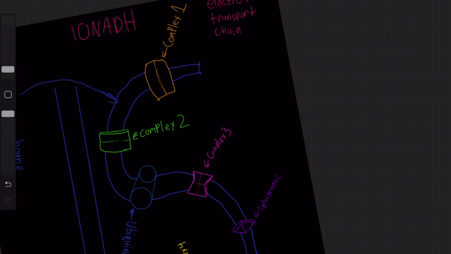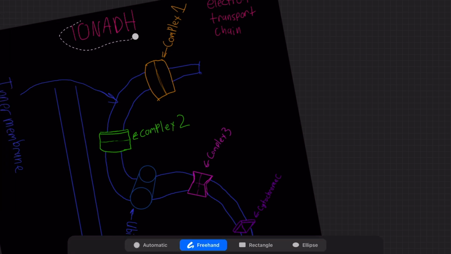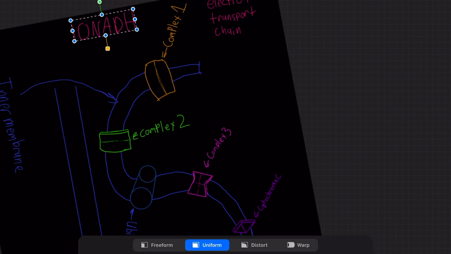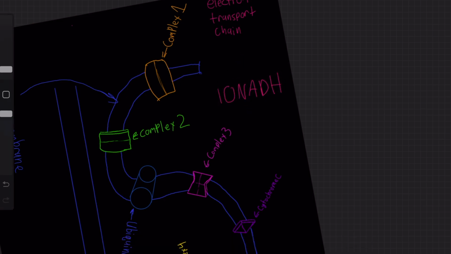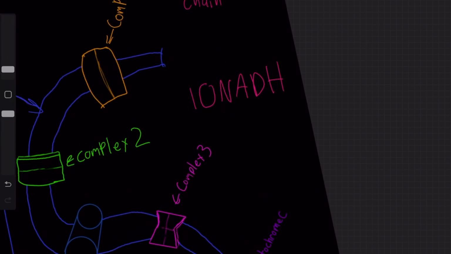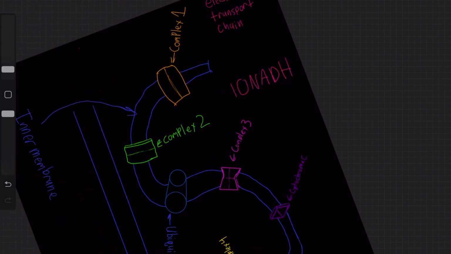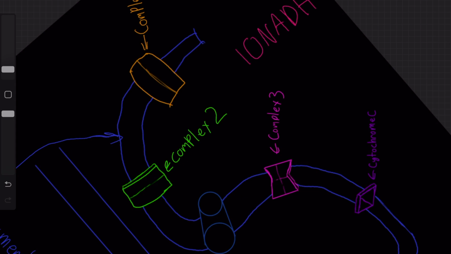The NADHs have electrons. I should put this inside the matrix, because after the Krebs cycle, it's actually inside the matrix. NADH will go to complex 1. Okay?